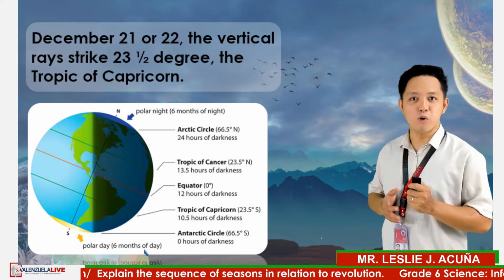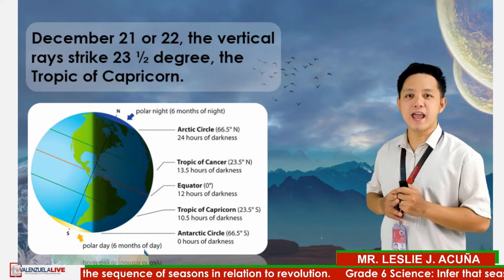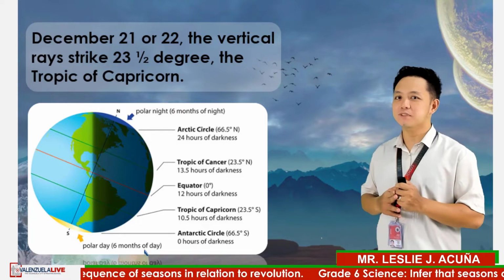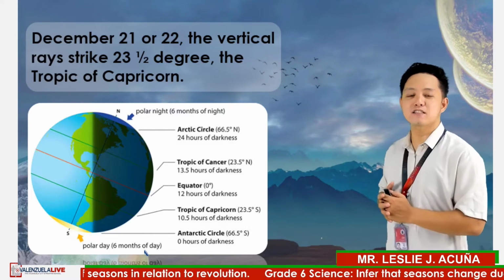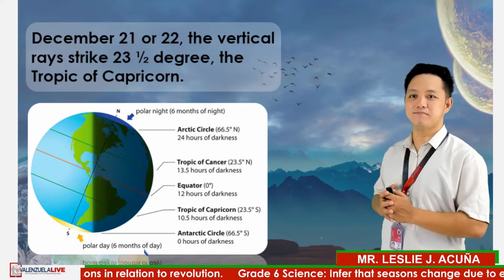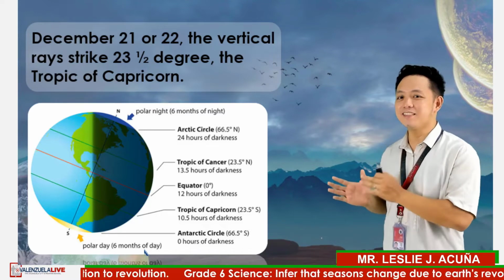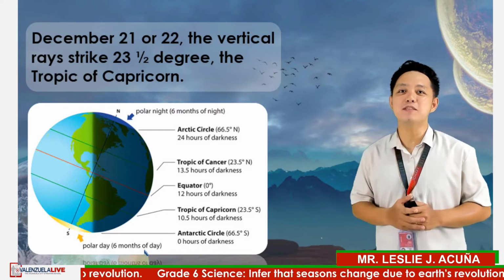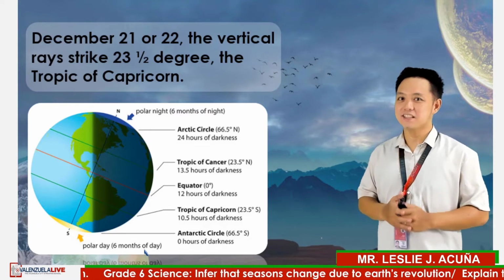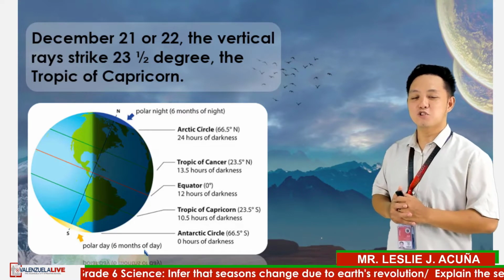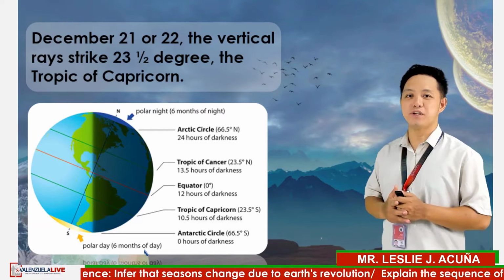The South Pole has 24 hours of daytime, and the rest of the southern hemisphere has longer day than night. It is summer. And on the other side, the northern hemisphere, nights are longer. It is winter. So the North Pole has 24-hour nighttime.